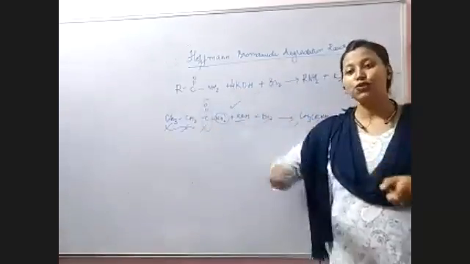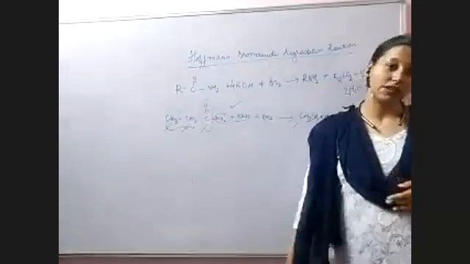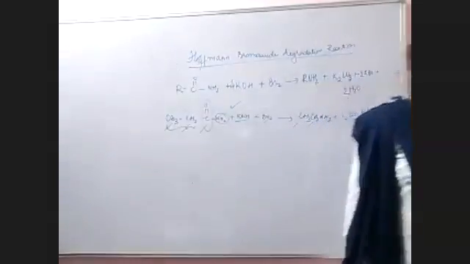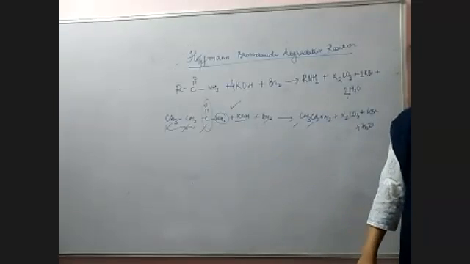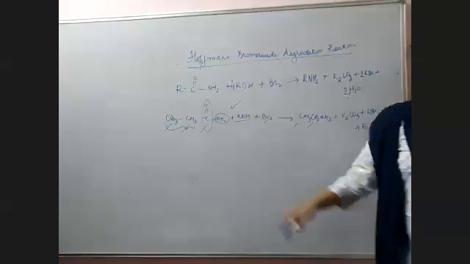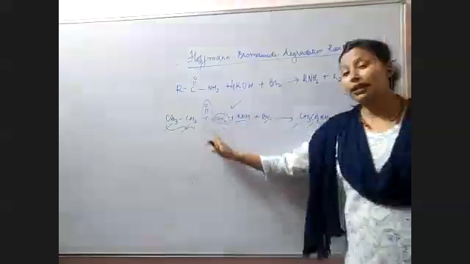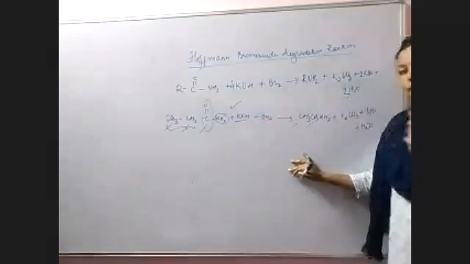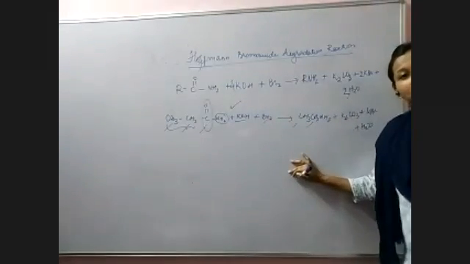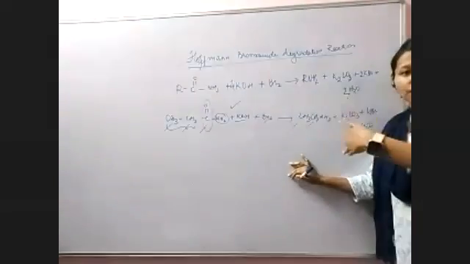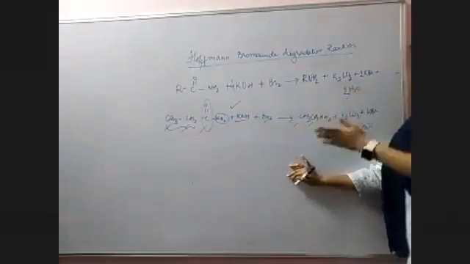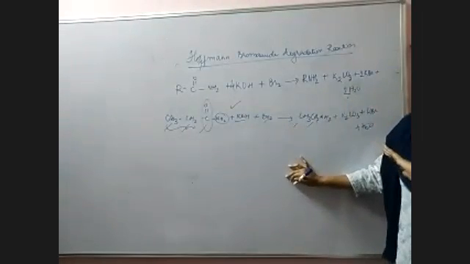RMgX mostly used करो, your number of carbons in the chain will increase. Hoffman method करने से तुम्हारा carbons कम हो रहा है, लेकिन RMgX अगर use करोगे during conversion, तुम्हारा number of carbons in the chain will increase. ठीक है?